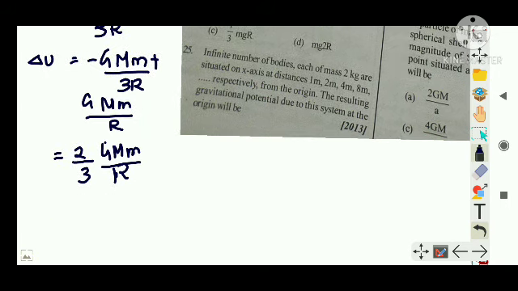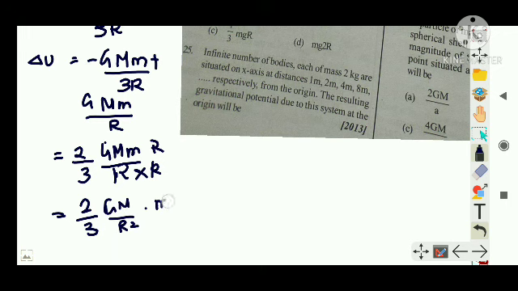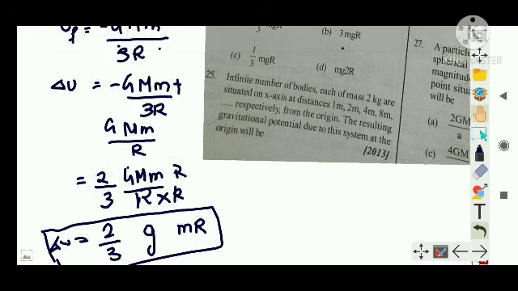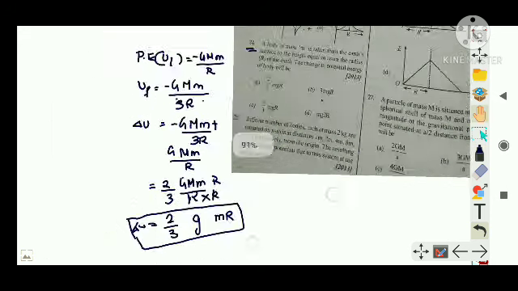So let us multiply numerator and denominator with r, and you get 2 by 3 GM by r squared into m into r. What is GM by r squared? That is acceleration due to gravity, so you can just write it as small g. So you get the change in potential energy as 2 by 3 mgR, which is option A.